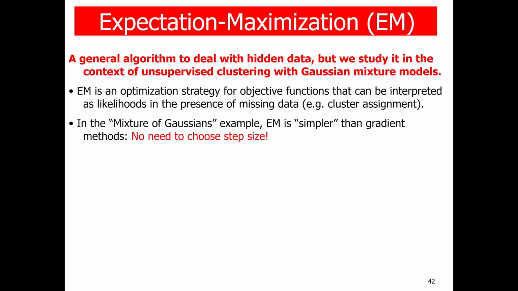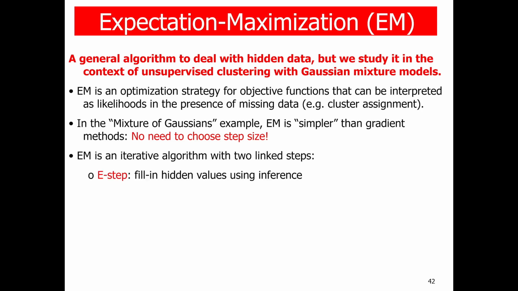In the mixture of Gaussians example, we noticed that the EM updates are actually simpler than the updates in the gradient descent method. We don't need to choose step size, for example. EM is an iterative algorithm with two linked steps: the E step or expectation step, where we fill in hidden values, that is, we calculate the probability of y given x quantities.